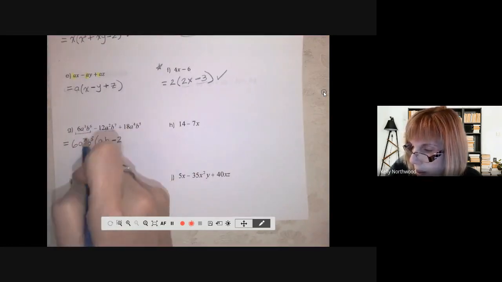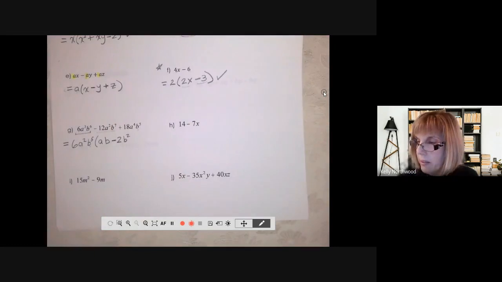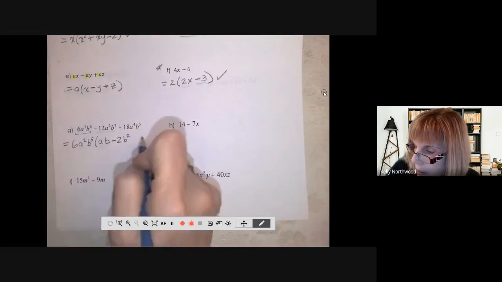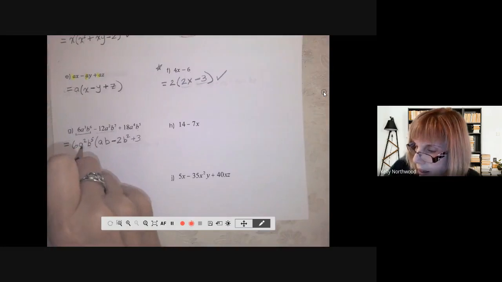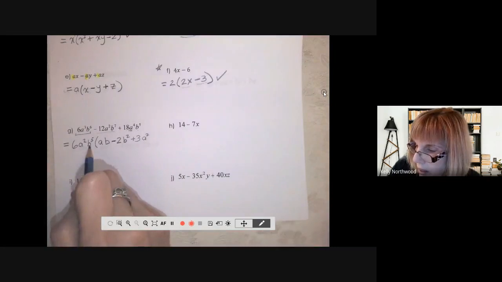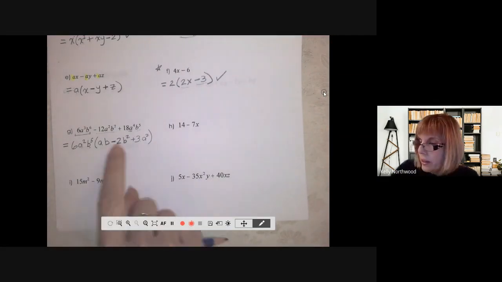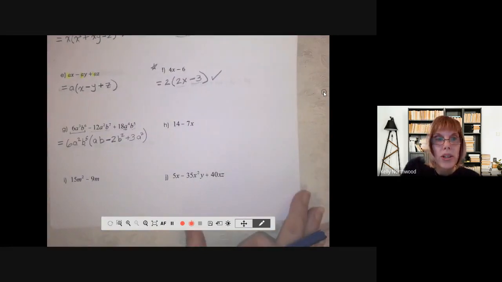You've already got a squared, so you don't need any a's, but you need b squared, because b to the 5th times b squared gives you b to the 7th. And then for my third term, I need positive 3, because 6 times positive 3 is 18. A squared times a squared gives me the a to the 4th. And the b to the 5th is already there. So that would be what you would get inside the bracket. And if you look, none of these 3 terms has anything in common other than a 1. So that's always a good check.